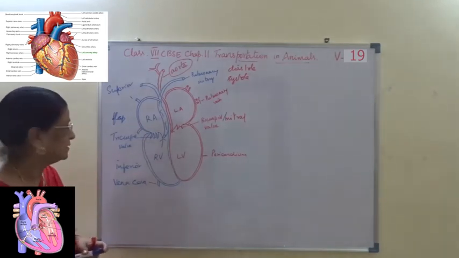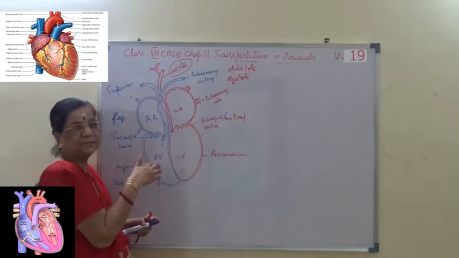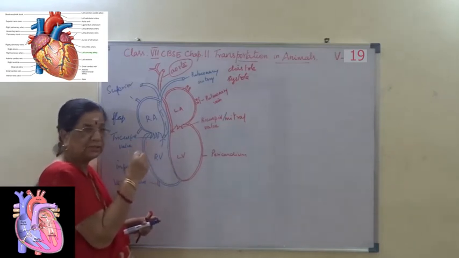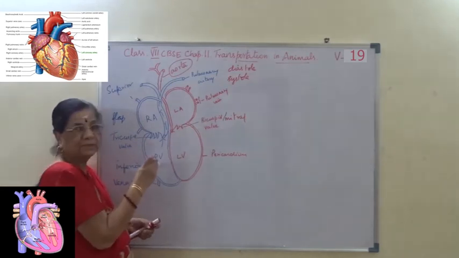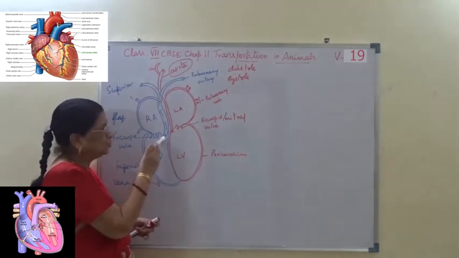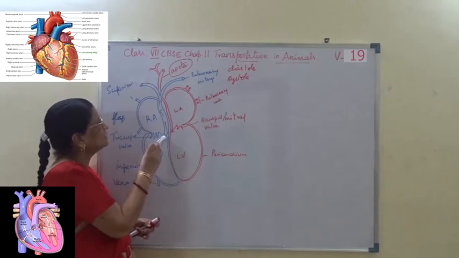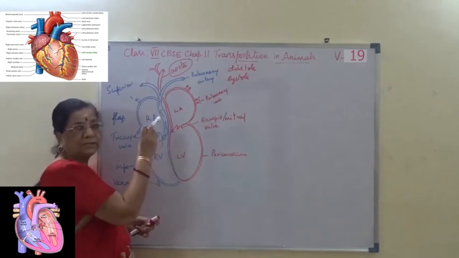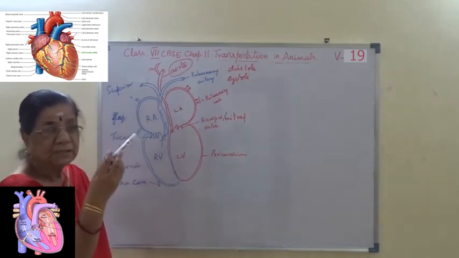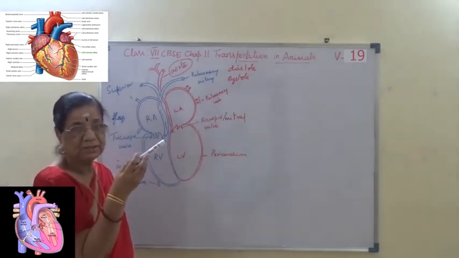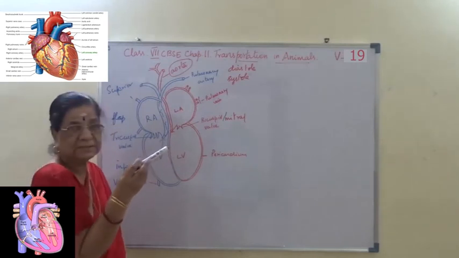I hope you understand. So I repeat, when the right ventricle contracts, impure blood or deoxygenated blood from the right ventricle through the pulmonary artery is reaching the lungs for purification. Semilunar valve will be present.